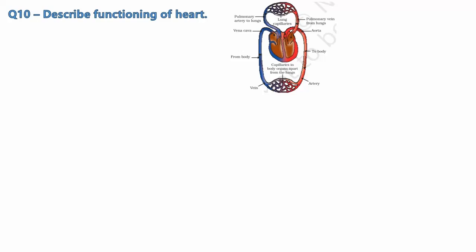This purple blood flows back to the heart through blood vessels known as veins. They land up in the right upper chamber of the heart, the right atrium.